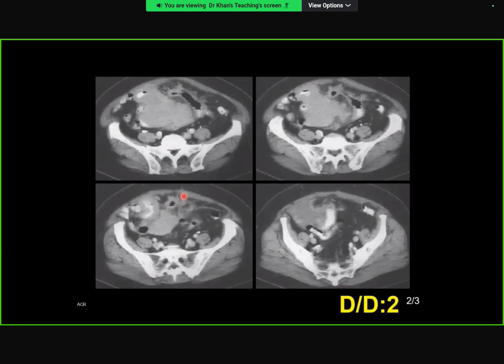I'm not sure. It could be. It hasn't got any desmoplastic reaction, hasn't got any calcification within it. And it's reaching up to the abdominal wall. And there is surrounding bowel wall inflammation as well.